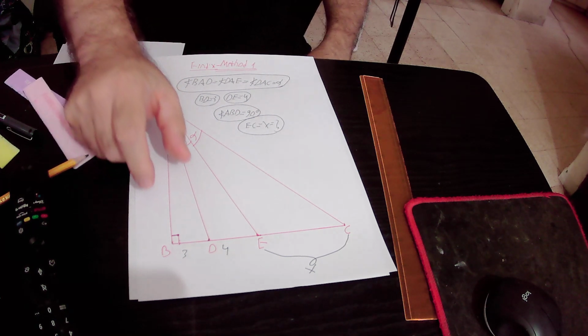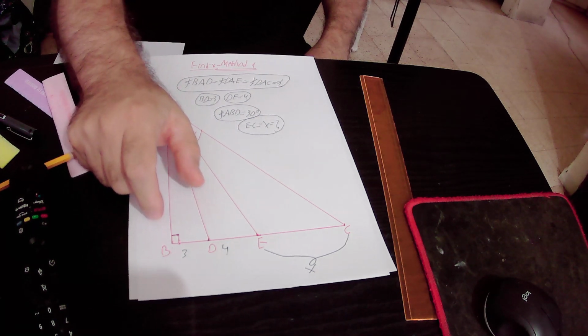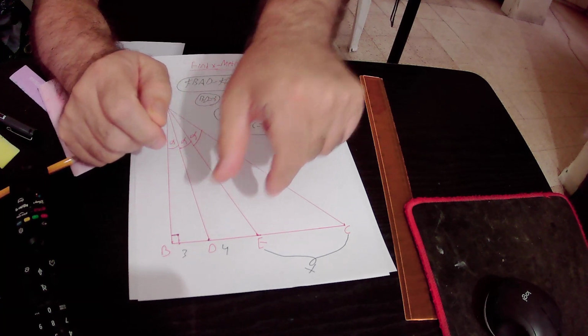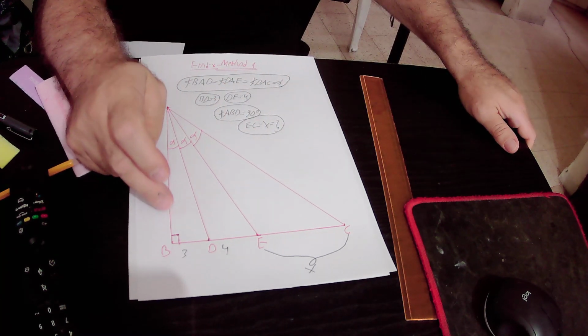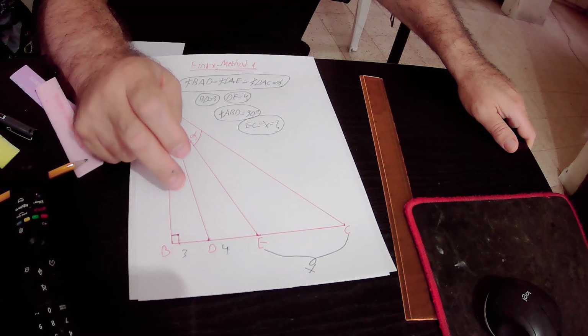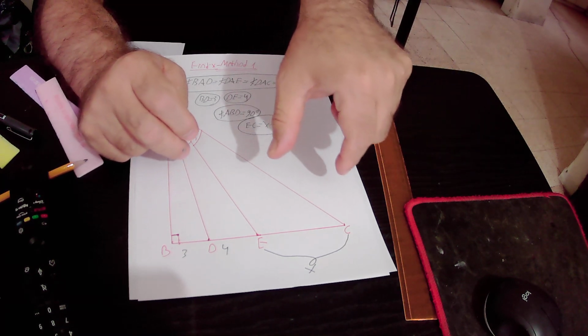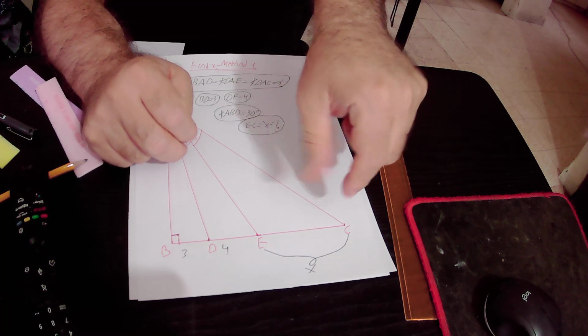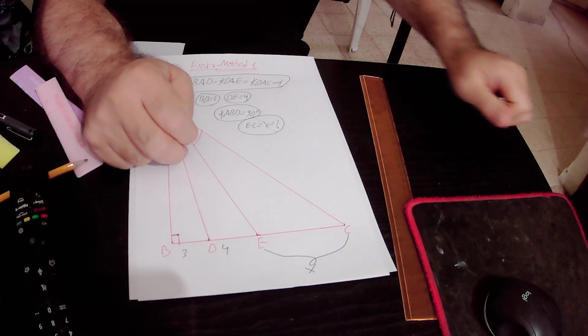We also know that BD equals 3 units and DE equals 4 units. Again, angle ABD equals 90 degrees, therefore triangle ABC is a right triangle, and we want to find the value of EC, which is defined as x.